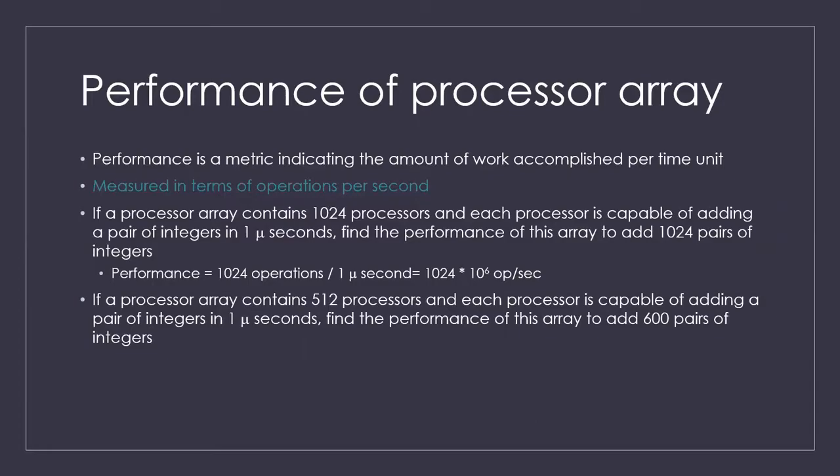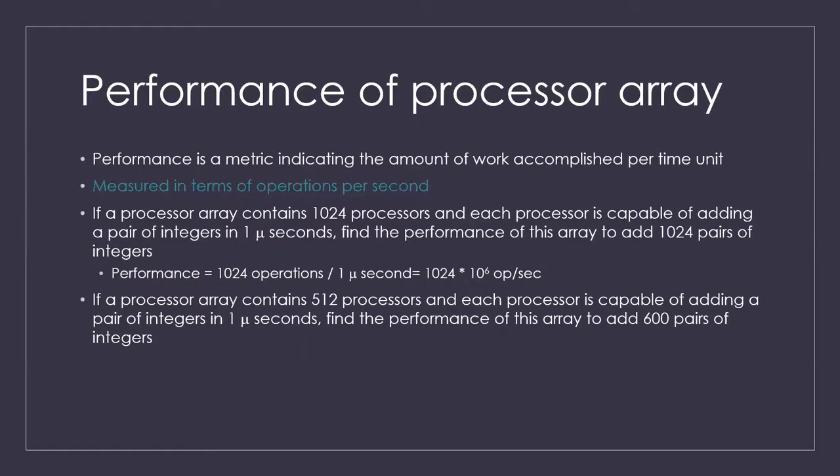Here it is given that the addition of a pair of integers takes 1 microsecond and there are 1024 processor elements. So altogether there are 1024 pairs to add. The time taken is 1 microsecond because in just that time all the additions will be over.